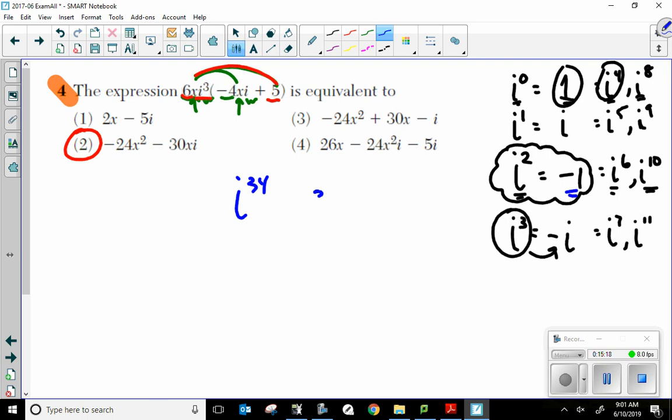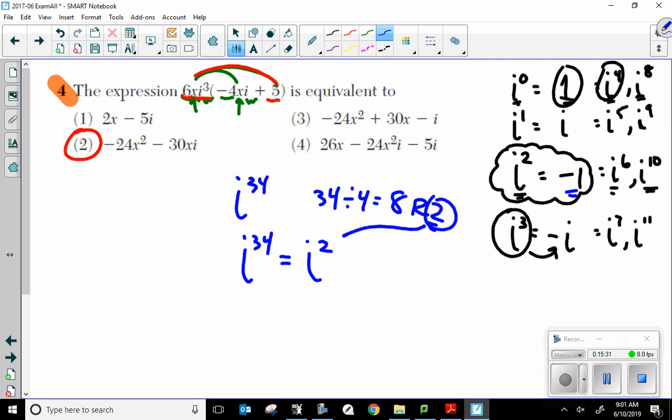If I take 34 and divide it by 4, that goes in 8 times with a remainder of 2. This remainder is the equivalent exponent, which means i to the 34th power would eventually be somewhere in this long list. All right? And there you go. You got it.